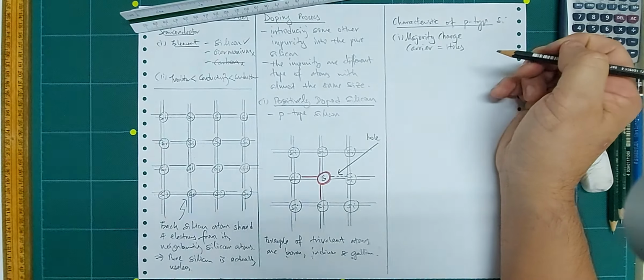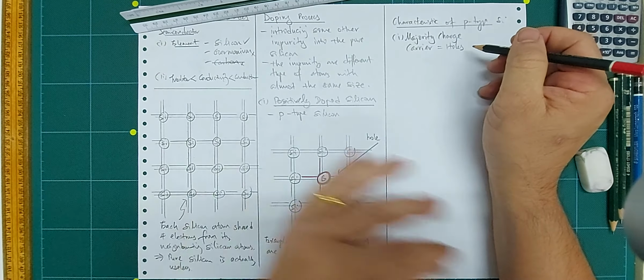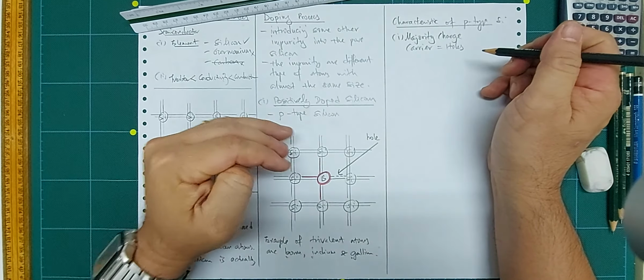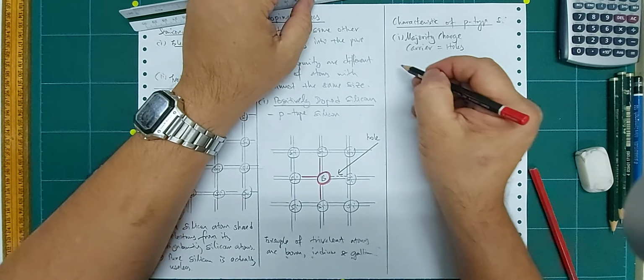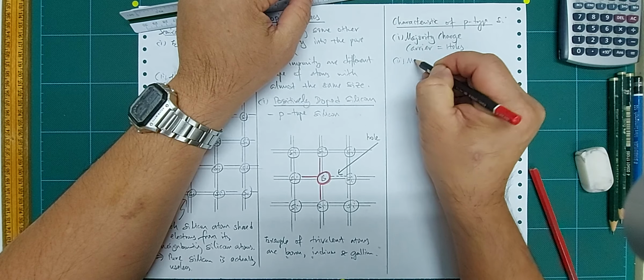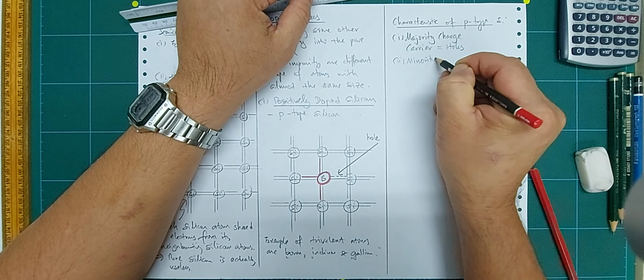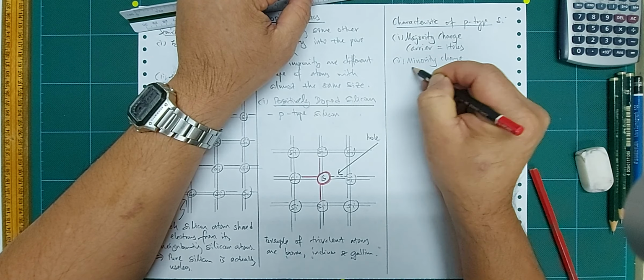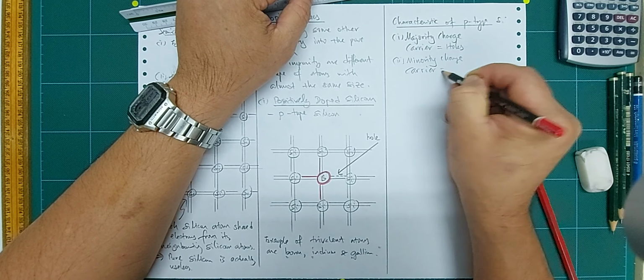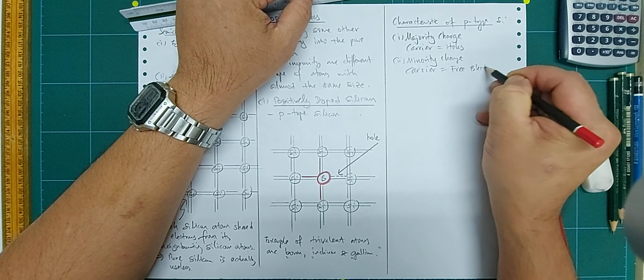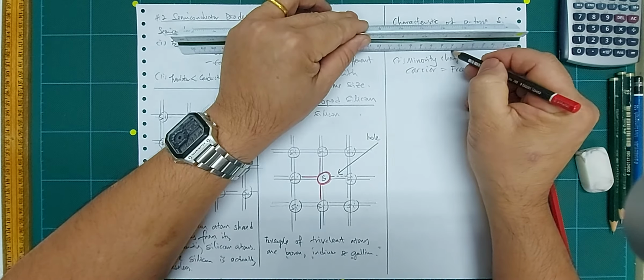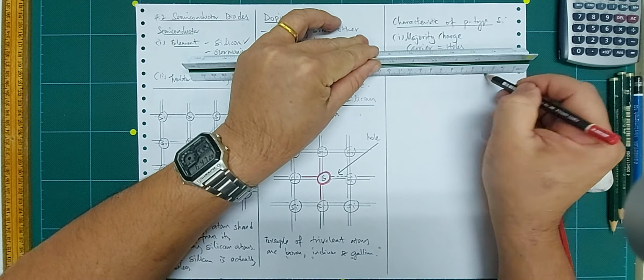Most of the current carried inside this p-type, or the positively doped silicon, are holes. And number two, the minority charge carrier are the free electrons. So remember, hole and free electron.